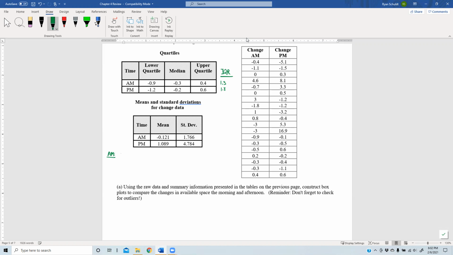So that's going to be our Q1 minus 3 times the IQR. So Q1 for AM is negative 0.9 minus 3 times 1.3. This gives us negative 4.8.